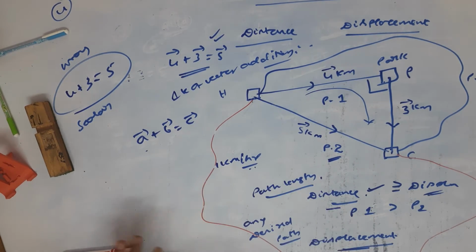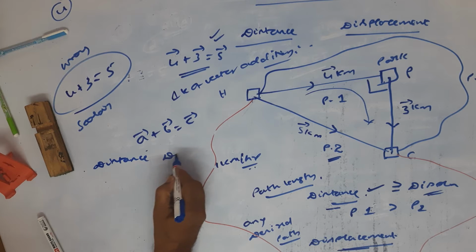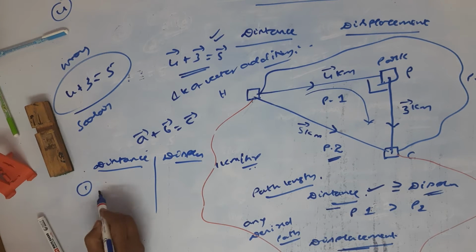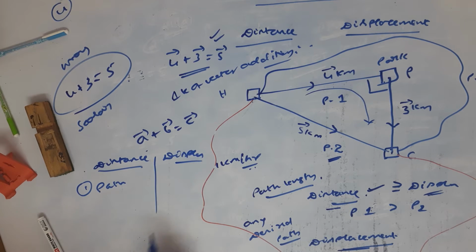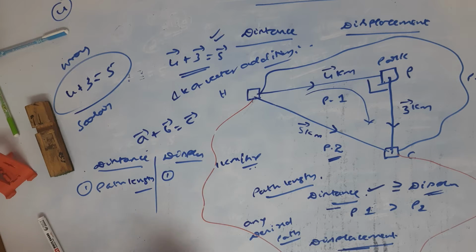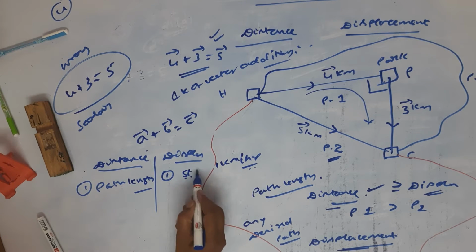Now we understood what is distance and what is displacement. The important differences between distance and displacement are like this. Distance is a path length along any desired path, whereas displacement is a path length along a straight line path.